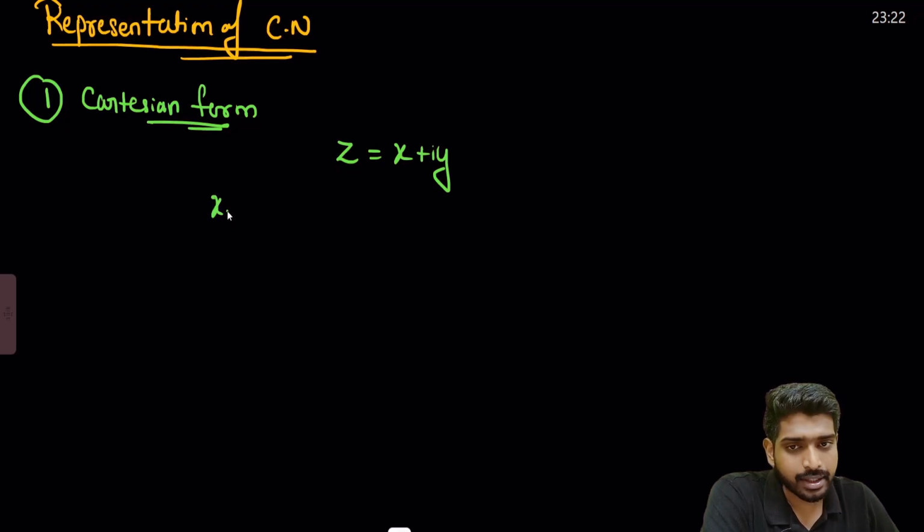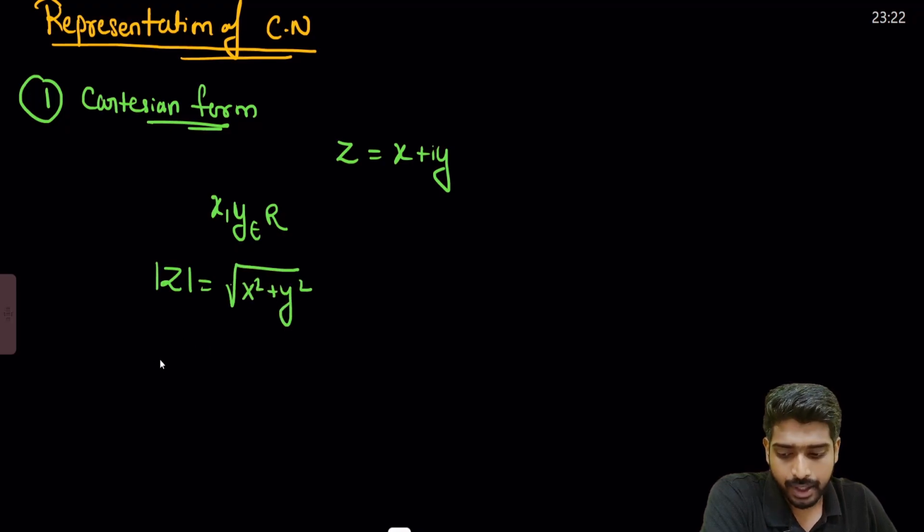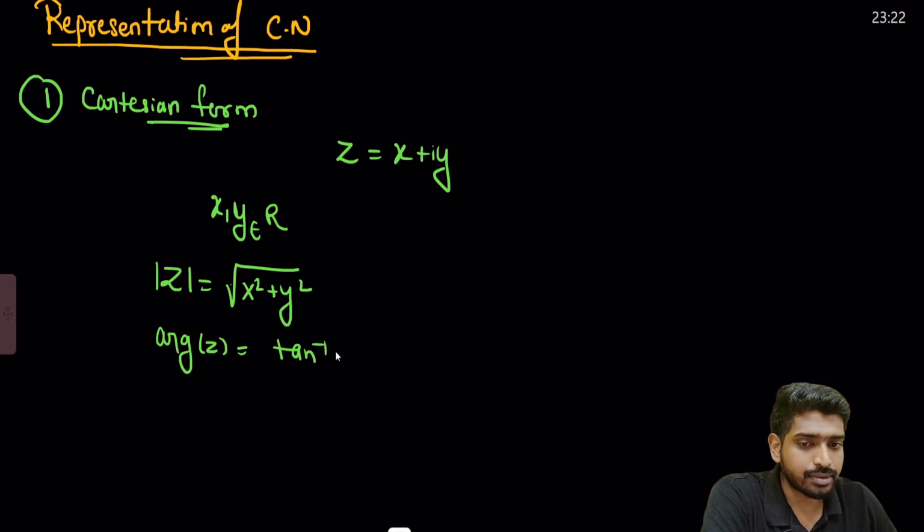Here x and y belong to real numbers, and in this case the modulus of z will be under root of x square plus y square, and the argument of z will be tan inverse of y upon x.